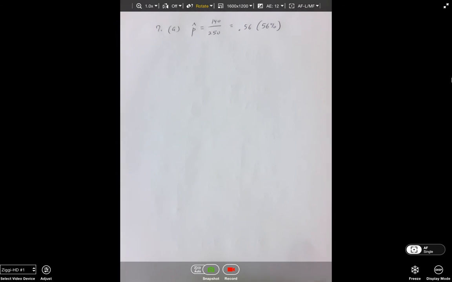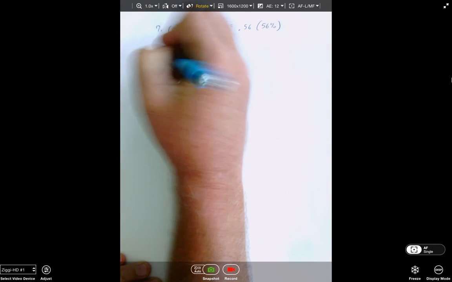Now, is that too high? Well, I don't know. I really don't. I don't even know until I work the problem. It seems like we should get something closer to 50%. That seems a little high to me. But maybe it's not. Maybe just by chance we happen to get more heads on these 250 spins. So I don't know. So let's play it out.